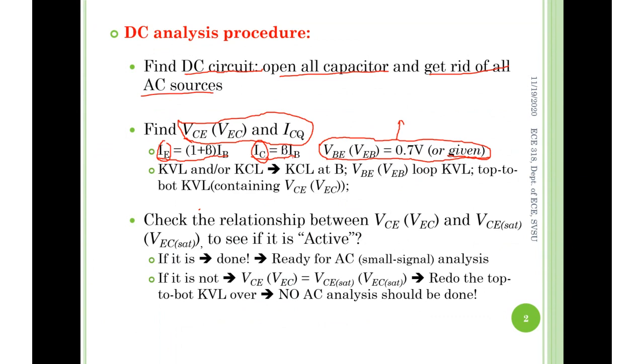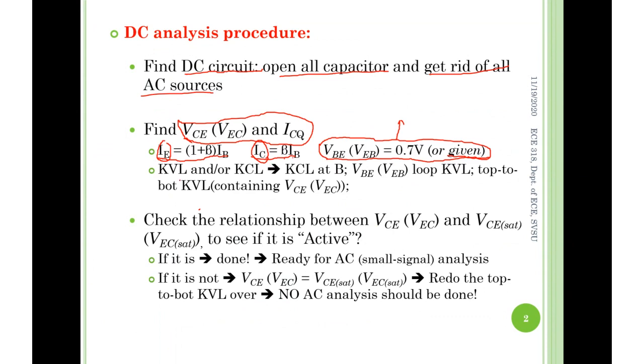There is nothing but a diode. That's why it's a 0.7 volt potential there. This is what I mean by linking to something we have learned. Remember, it's back-to-back two diodes, two PN junctions. It's linked to a diode, 0.7 volts. It's not a coincidence. And these are three equations. You don't want to forget them.